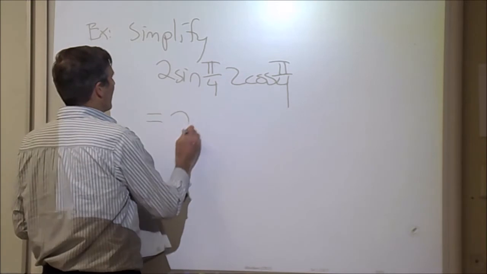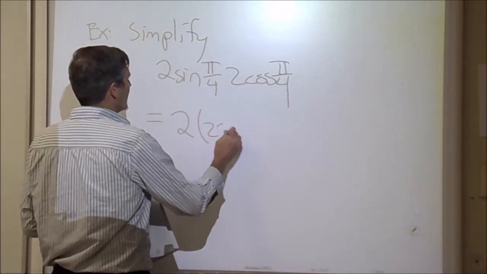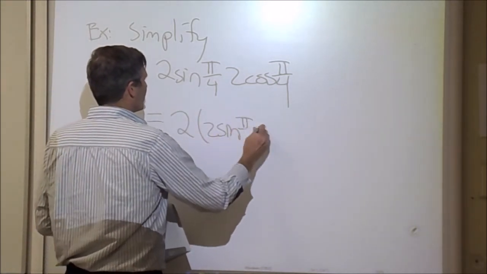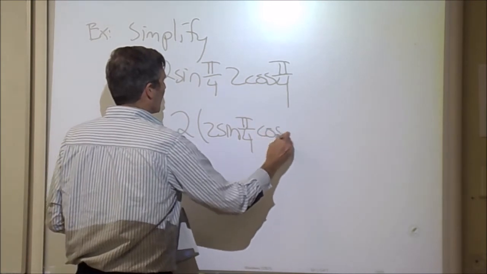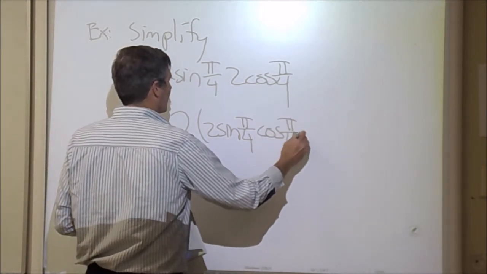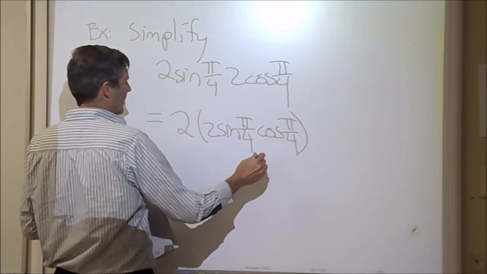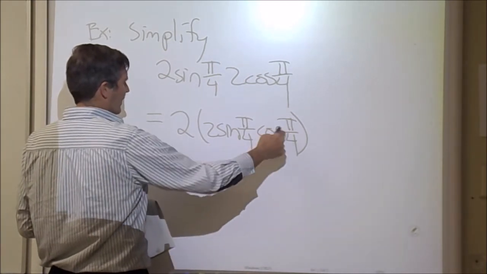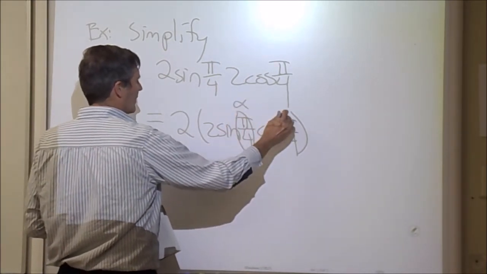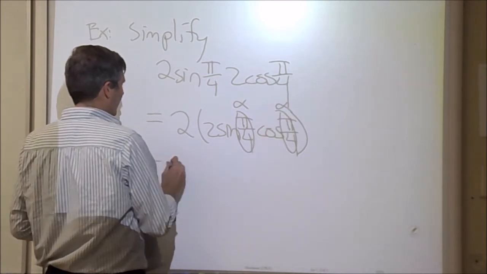So let's call this 2 sine pi/4 cosine pi/4. And 2 sine alpha cosine alpha was sine of 2 alpha.